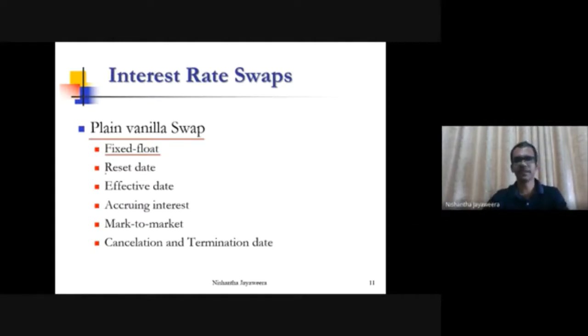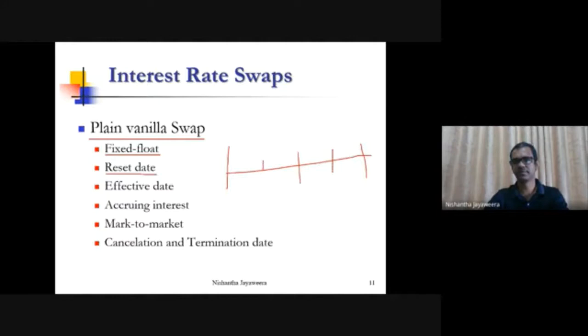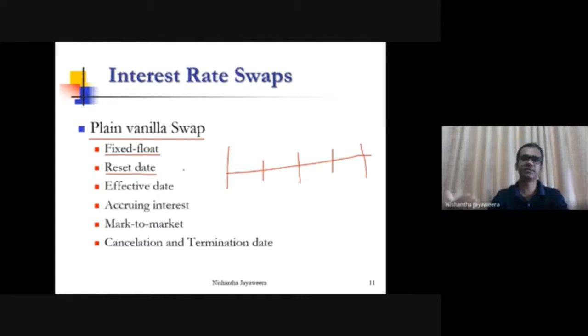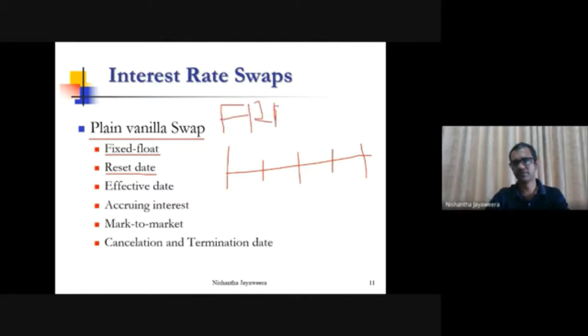Then the reset date, where we have different payment frequencies. Since there's a floating rate, we have to reset the next coupon or the next interest rate. If you remember, we discussed something called a floating rate note. I specifically discussed this floating rate note and explained the reset date concept, mentioning that we need that concept in the interest rate swap.